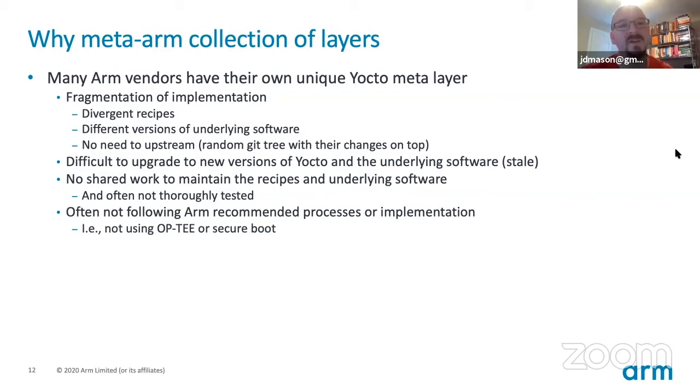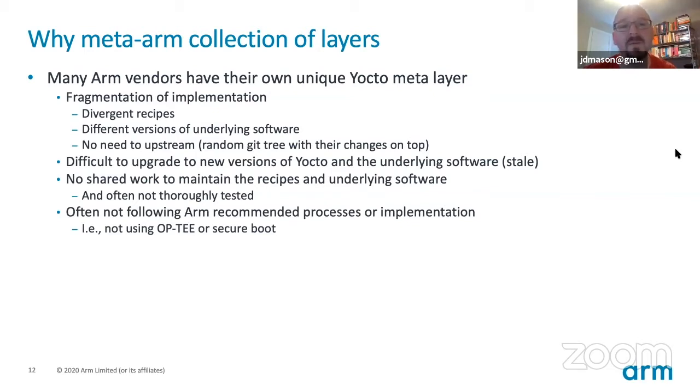And each one is a different version of Yocto. And because everyone's doing their own thing, there's no intrinsic need to upstream. Not everyone, but some are pushing random Git trees to GitHub, for example, with just their changes on top of a snapshotted tree.